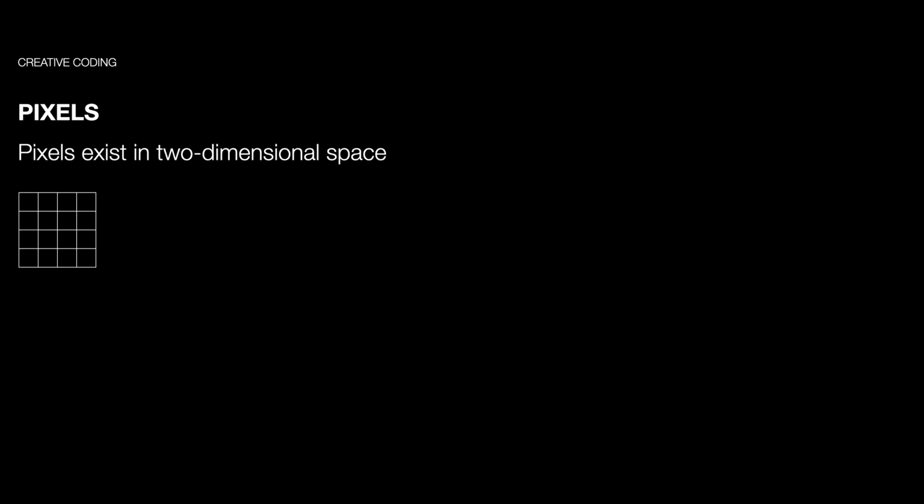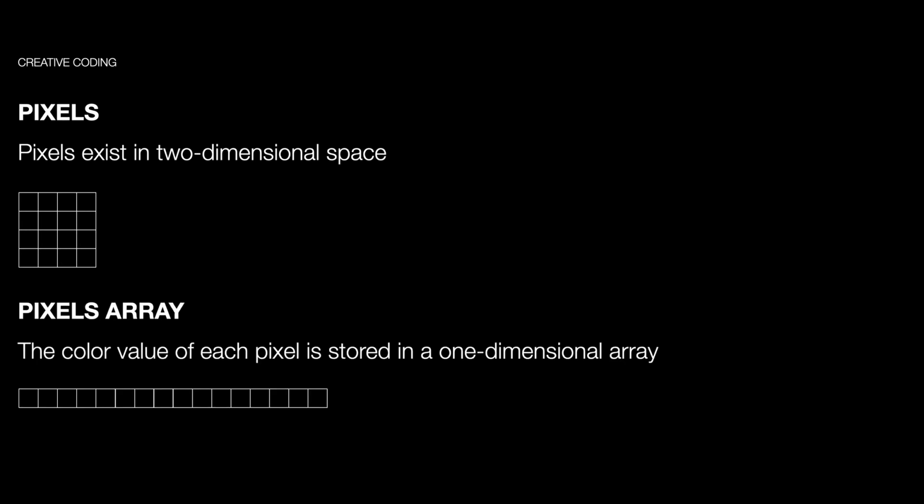One of the things that we can do in processing is access the information that's encoded in the pixels. We can access what's called a pixels array. And what that means is, the color value of each pixel is stored in a one-dimensional array, which is a little bit maybe counterintuitive when you think about a picture being a two-dimensional space.